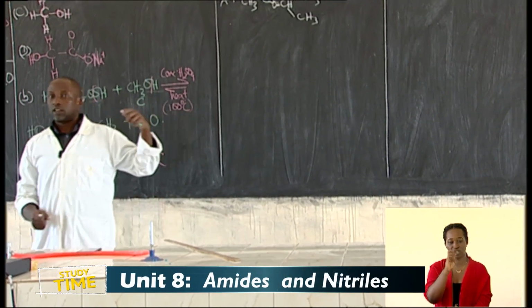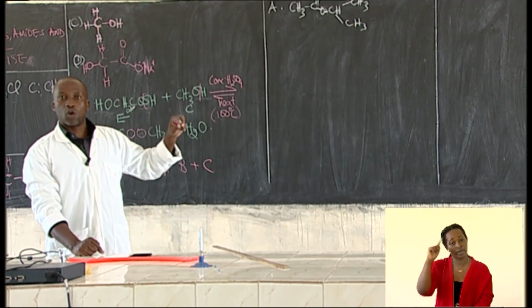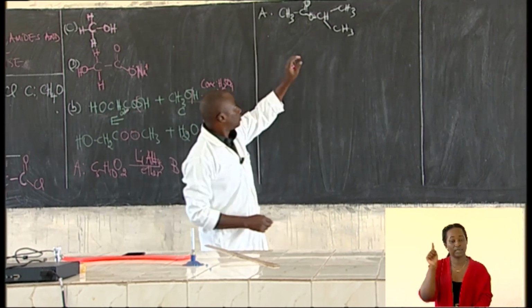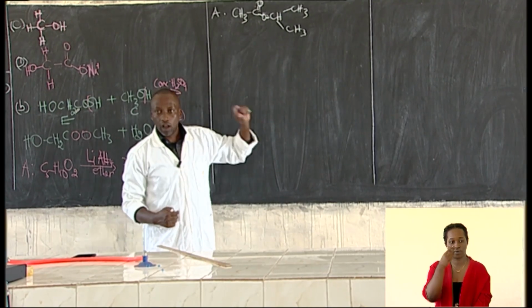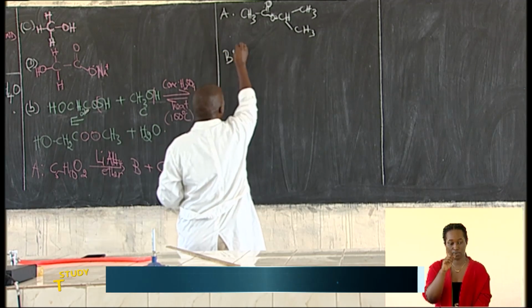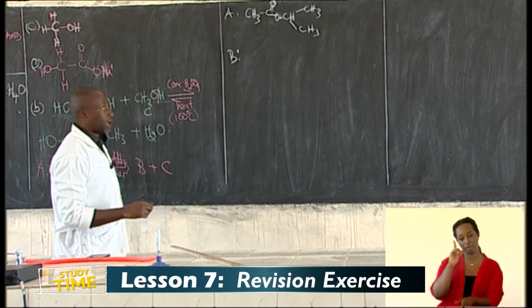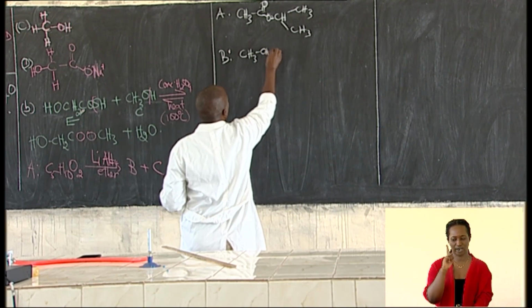Remember, it forms two alcohols. This is compound A. It forms two alcohols on reduction. So when this is reduced in presence of lithium aluminum hydride, one of the alcohols that is formed will be this.